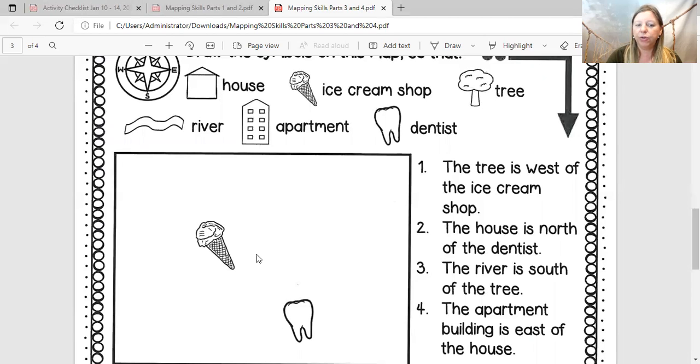So use those two as a reference for where the other 4 symbols are to be drawn. Notice at the top, remember there's the compass rose. So you will be able to find north, south, east, and west directions as far as the instructions go.